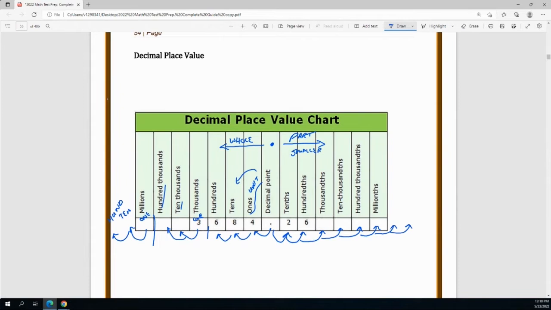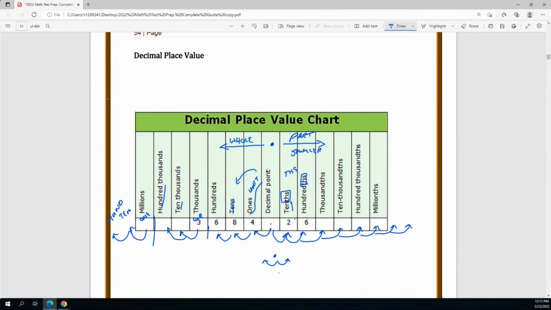Let's notice a couple of things. You don't call this 10 like this one. We actually call it something different. We call it tenths. This next one, hundredths. This THS is added to the end of every number so that when you say it to somebody, tenths, they know you're talking about the number to the right of the decimal, not the number to the left.